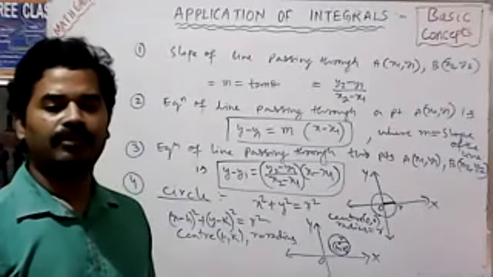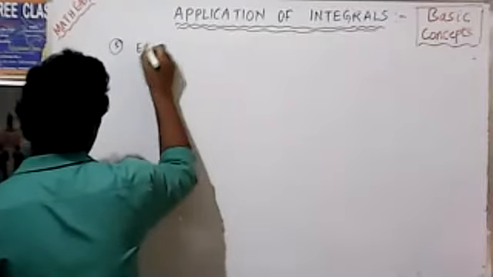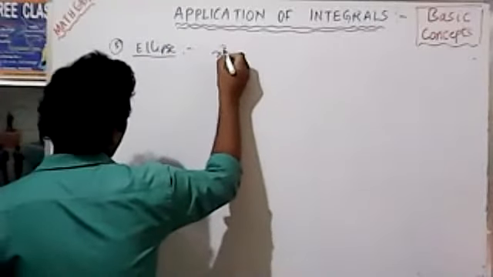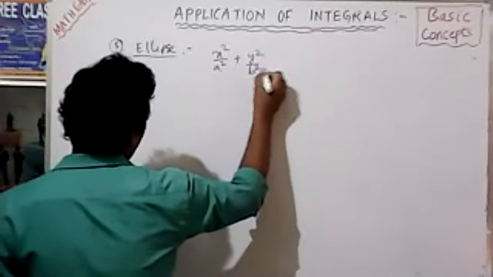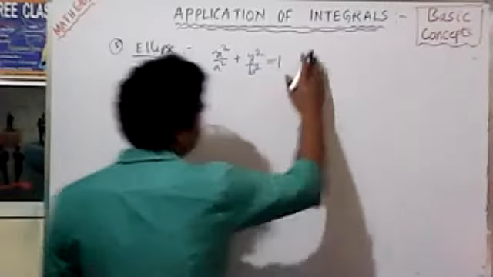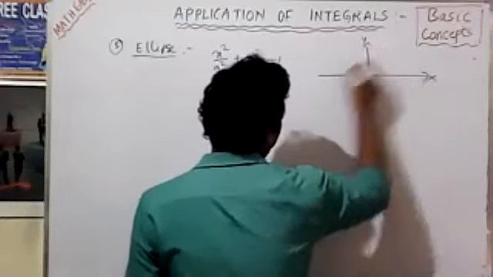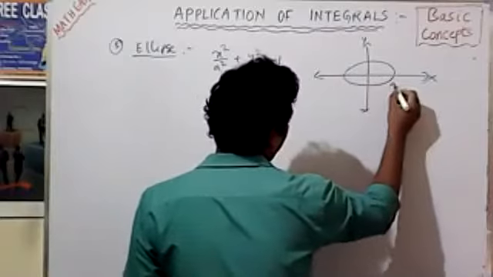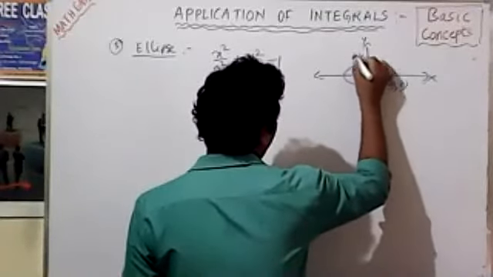Similarly, now comes the ellipse. The ellipse equation is x square by a square plus y square by b square is equal to 1. That means the diagram comes like this: (a, 0), (0, 0), (0, b).